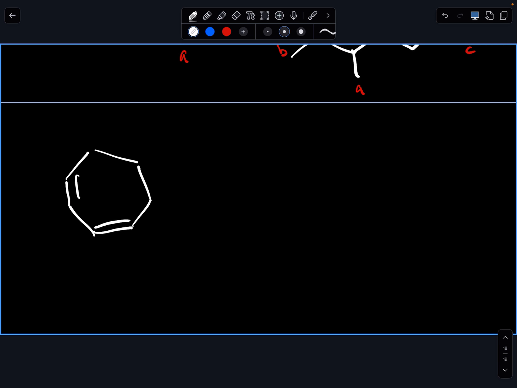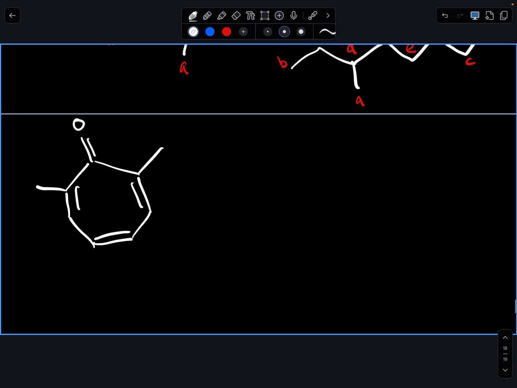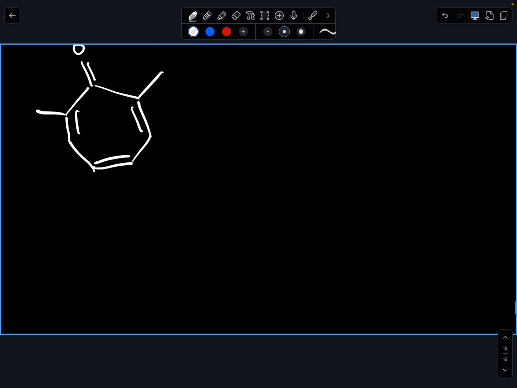Let's put 2 double bonds, a carbonyl group, and 2 methyls. How many signals does this molecule have? 5? Let's see, we got 1, 2, 3, 4, 5. Yeah, we have 5. It has a plane of symmetry that goes right up the middle.